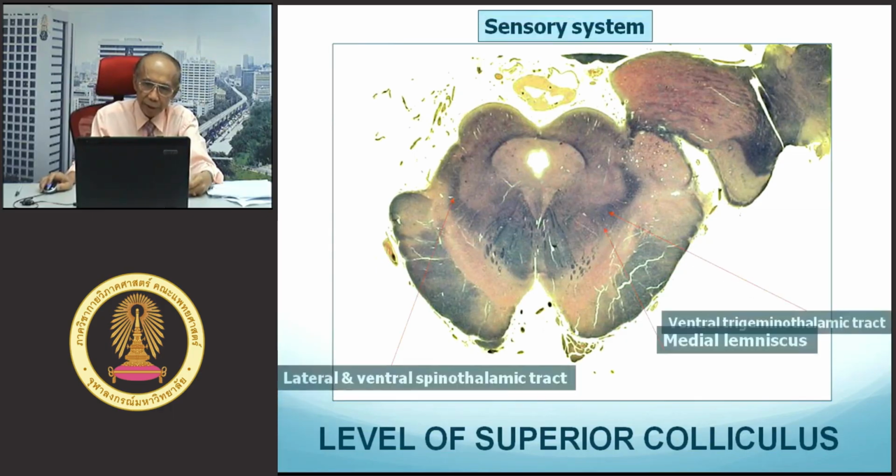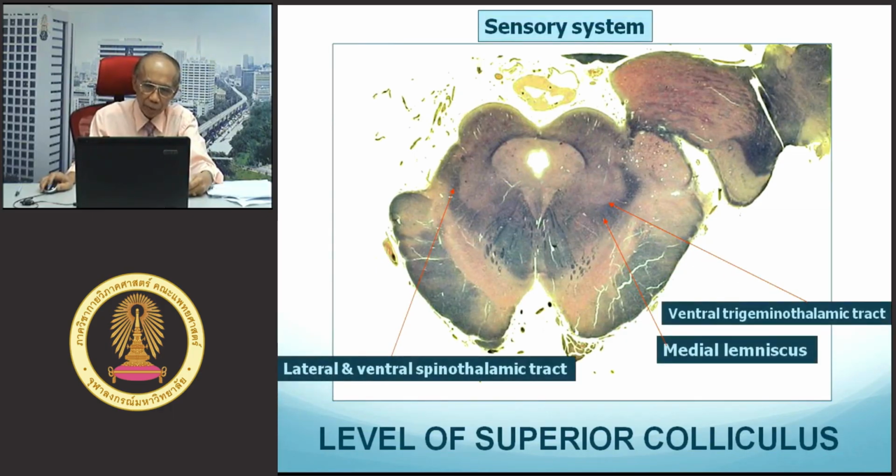Number 1, sensory system will include here the lateral and ventral spinothalamic tract, the medial lemniscus, and the ventral trigeminothalamic tract.